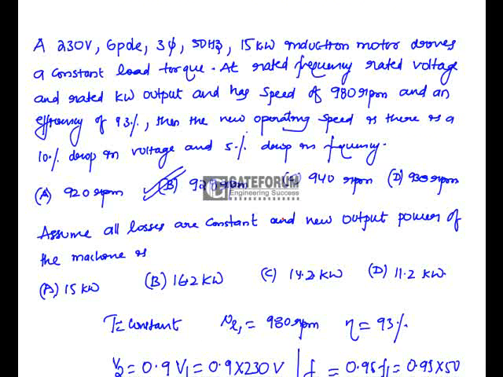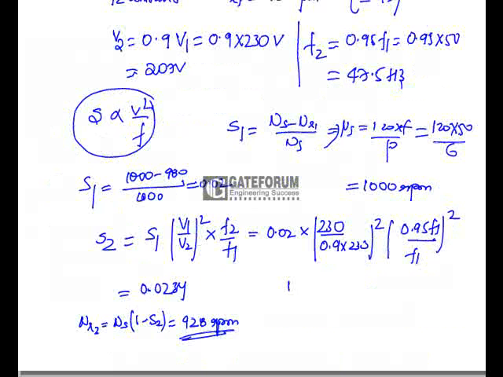Now the next question is, assume all losses are constant and find the new output power of the machine. Output power is equal to torque into omega. Since torque is constant, P is directly proportional to omega, which is 2 pi n by 60. I can say that it is directly proportional to speed n in RPM.